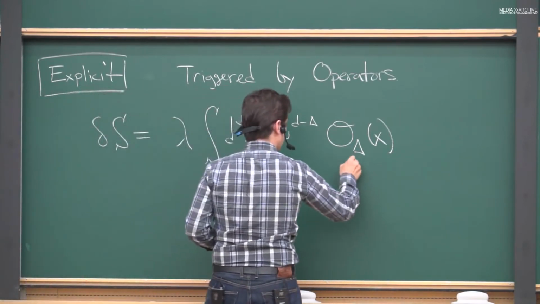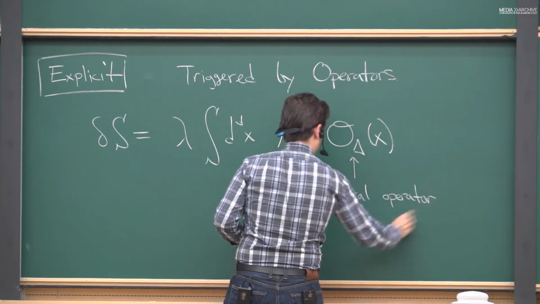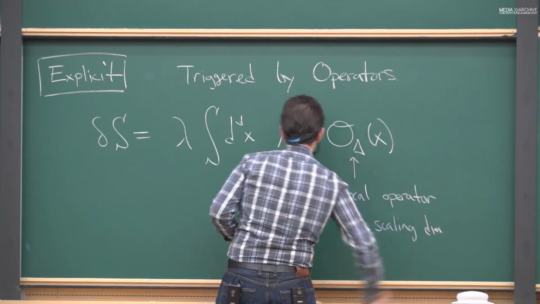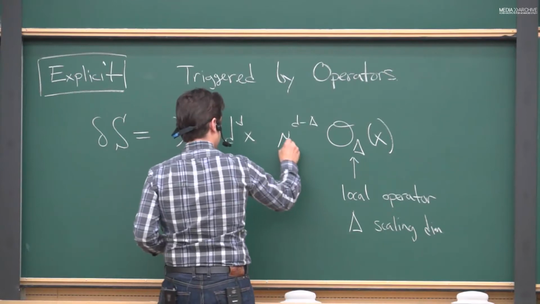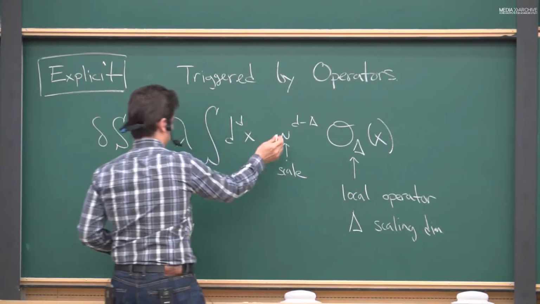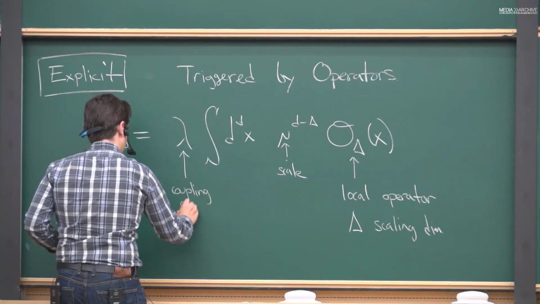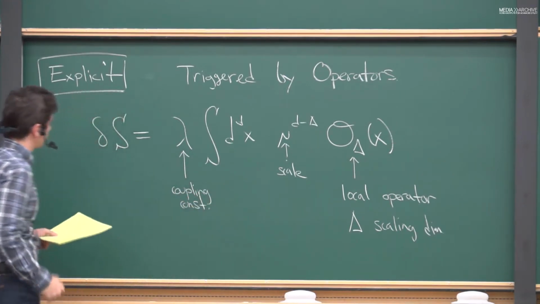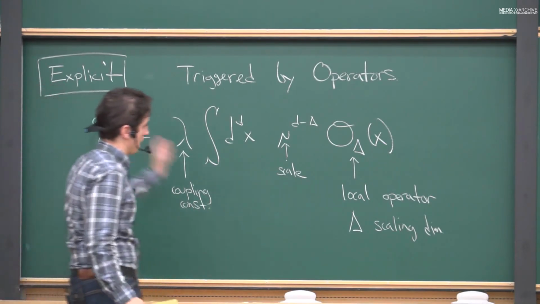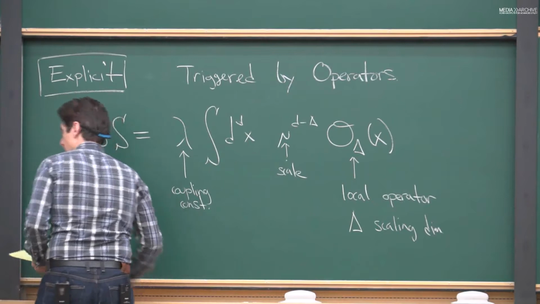This O is some local operator, and delta is its scaling dimension. This mu is some reference scale, and this whole thing together has total correct dimension 0. And then this is some coupling constant, which is dimensionless. So this is what we mean by an explicit deformation. Examples of this are, of course, mass operators and various other familiar types of interactions.